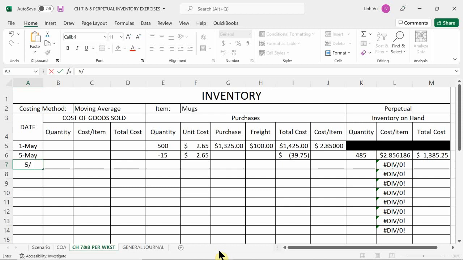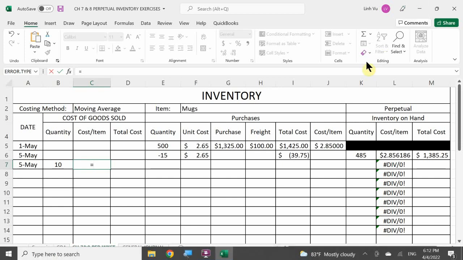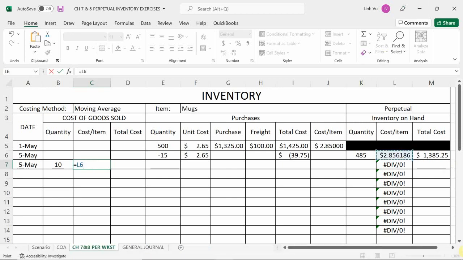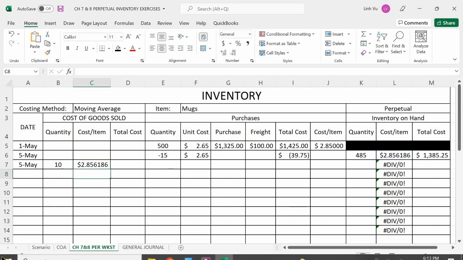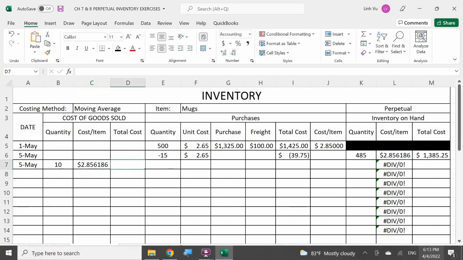In this case, May 5th, I sold 10 units. Because I'm using moving average, my current average cost per item right now is $2.85618. So I need to use my equal round formula to figure out how much it's going to cost me in general.